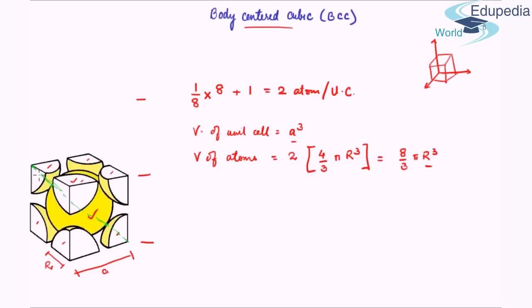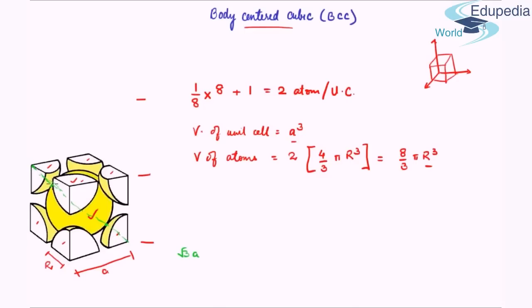Now once we have found out the direction of atoms touching each other, how can we use it to find the relation between a and R? We know that this length is root 3 a, right? Because this is the diagonal, so root 3 a. But since the atoms are touching each other, we can find this length also in terms of R. How come?